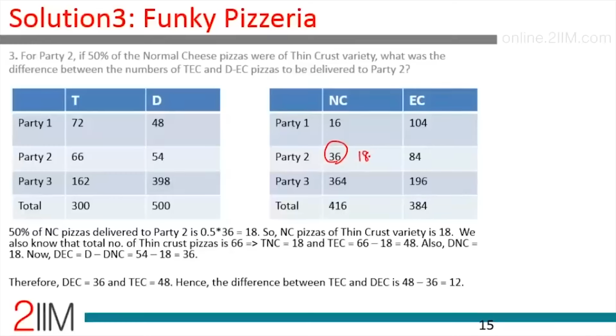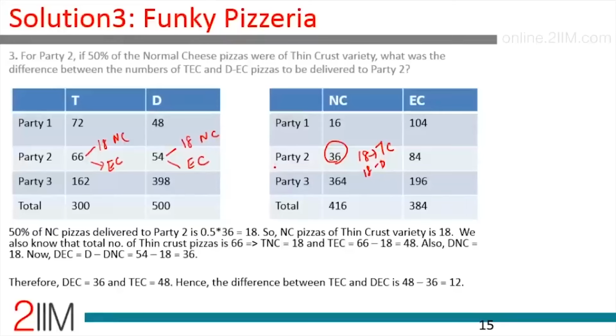So 18 were thin crust. And remaining 18 were deep dish. Right? So out of this 66, 18 were normal cheese, remaining were extra cheese. Out of this 54, 18 were normal cheese, remaining were extra cheese.